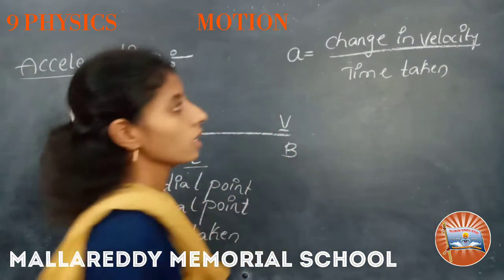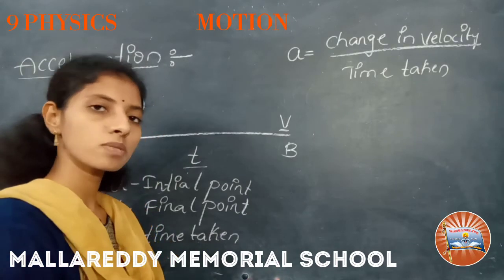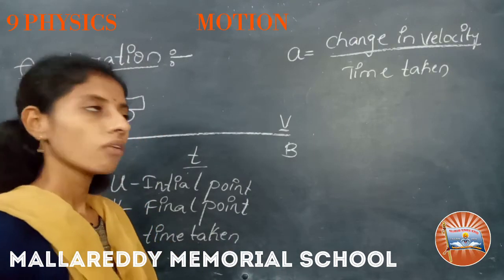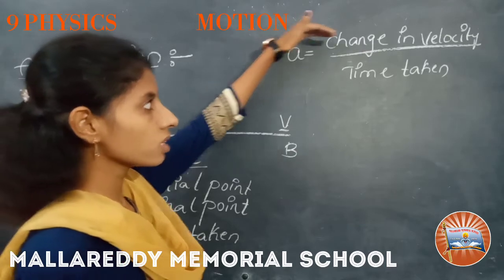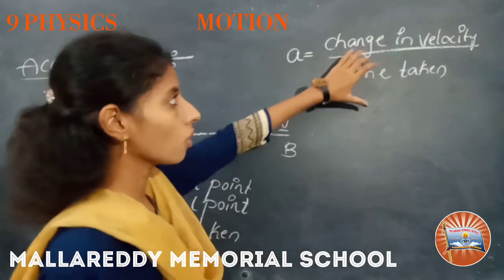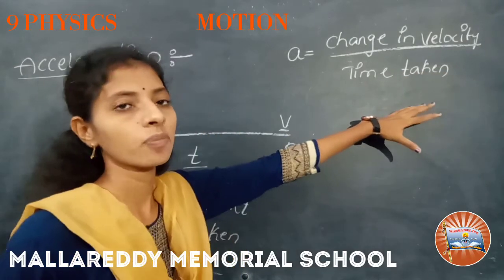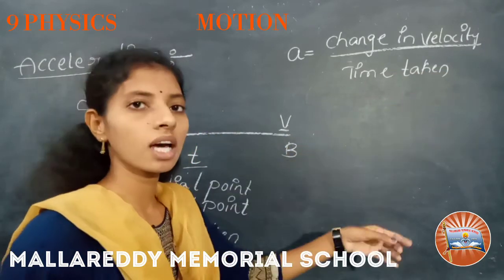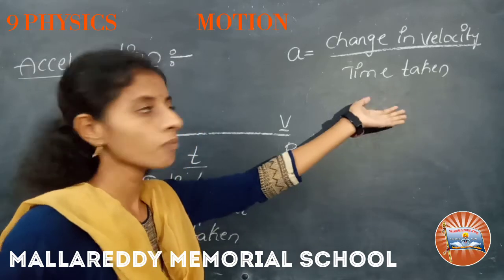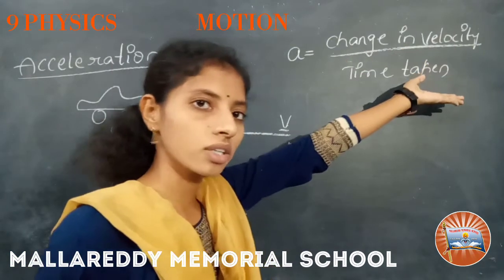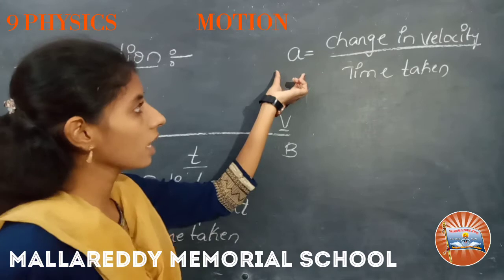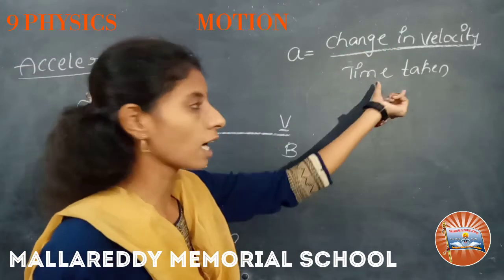We know that velocity is nothing but displacement by time, right? Here we are saying change in velocity. Always the velocity is changing from one point to another, either to increase the speed of the car or to decrease the speed of the car. So a is equal to change in velocity by time taken.